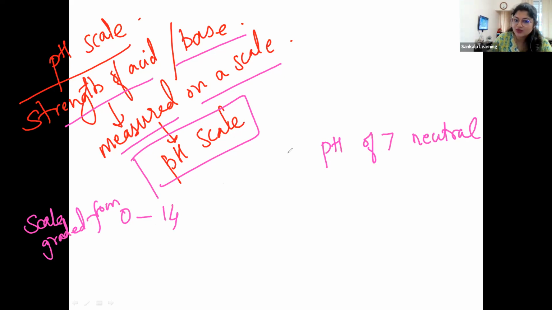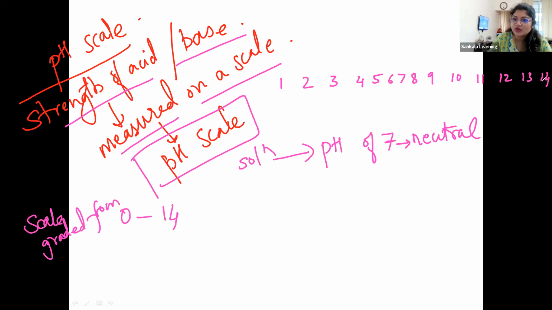If you have a solution whose pH is 7, then it is said to be neutral. Suppose I write it like 1, 2, 3, 4, 5, 6, 7, 8, 9, 10, 11, 12, 13, 14.